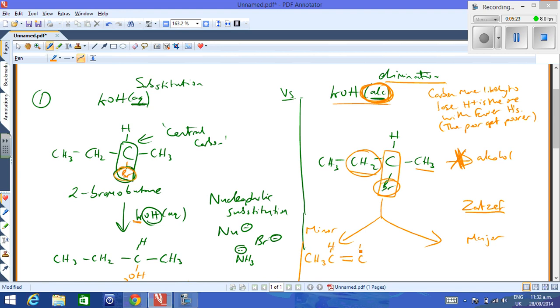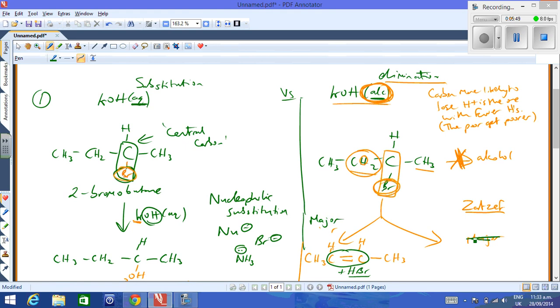The bromine is gone as well from that, and one of the hydrogens is removed, and then you get CH3 on the end. In green there, just to show you, we will have HBr as well as a small byproduct. So in an elimination reaction, you always get a double bond being formed, and you also get a small byproduct. And that's the major product, what I've just drawn there.